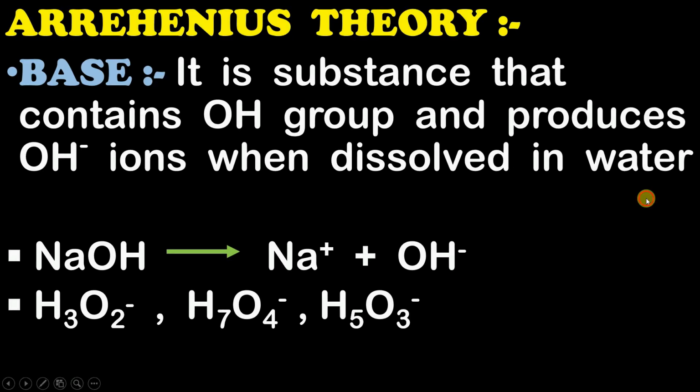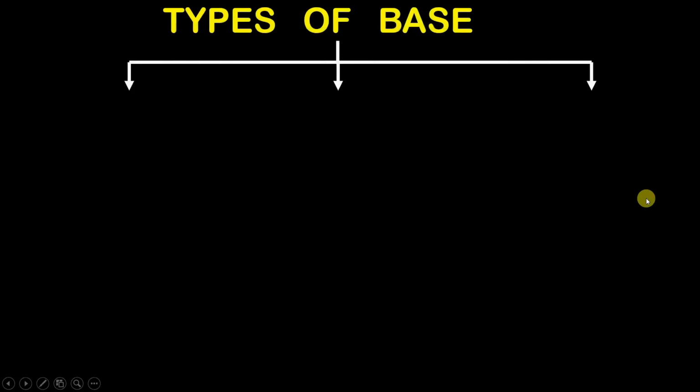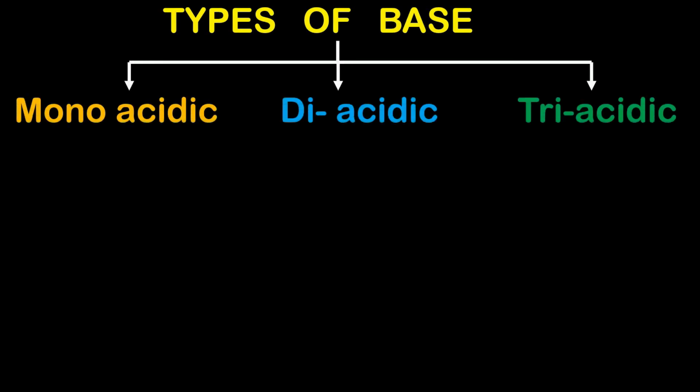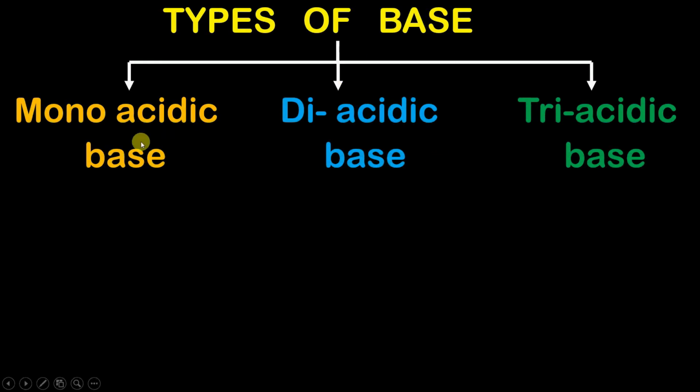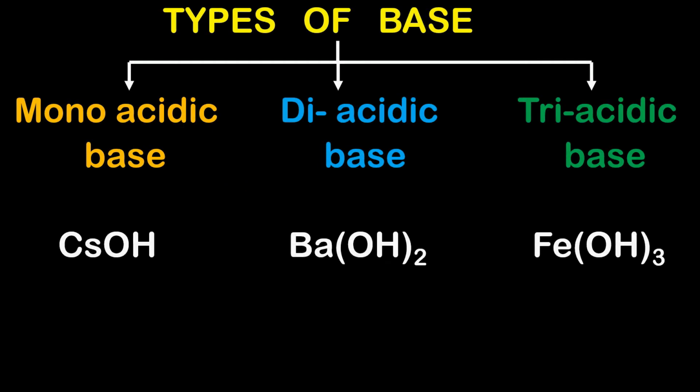Now, moving on, just like the acids, we have 3 types of base: the monoacidic base, the diacidic base, and the triacidic base. Now, what is a monoacidic base? A monoacidic base is nothing but a base which gives us one OH minus ion after dissociation, for example, your cesium hydroxide.